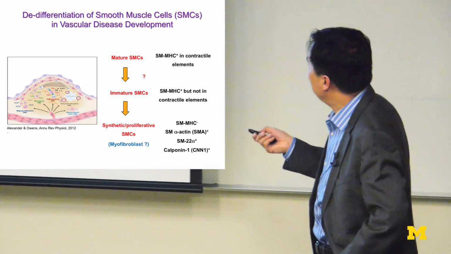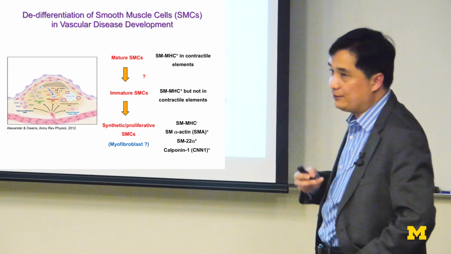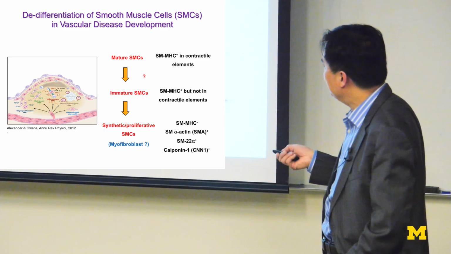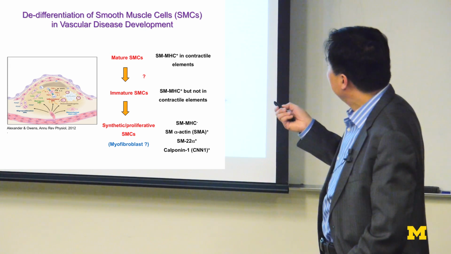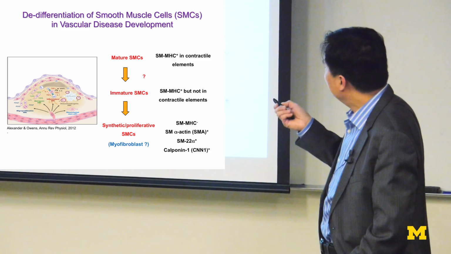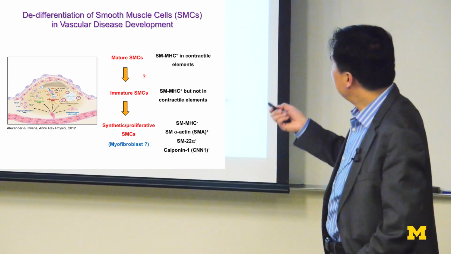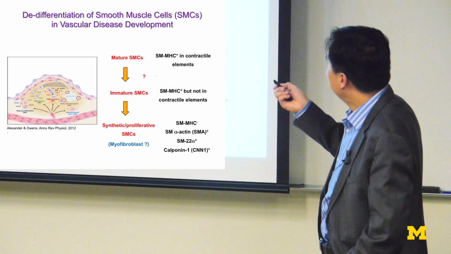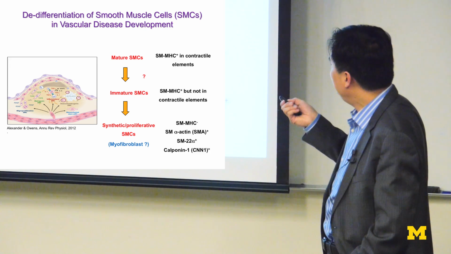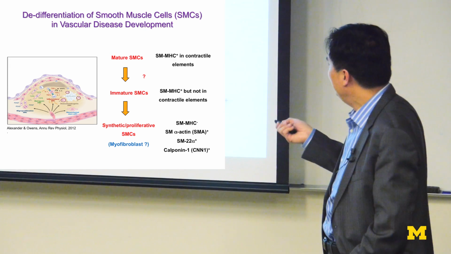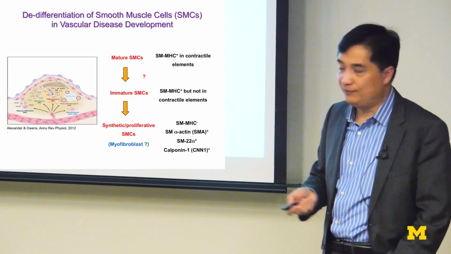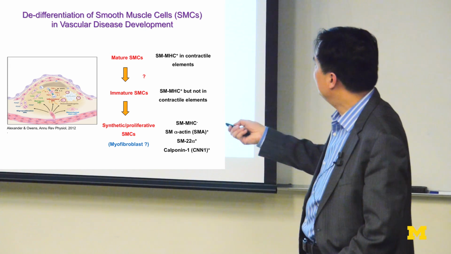People have shown that if you have vascular disease, for example, atherosclerosis or neointimal formation, what we have is the activation of smooth muscle cells and de-differentiation. In this case, what people have shown is that mature smooth muscle cells could de-differentiate into immature smooth muscle cells and they become synthetic and proliferative, and finally contribute to this neointimal formation.